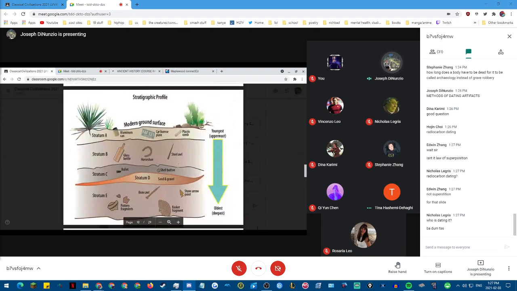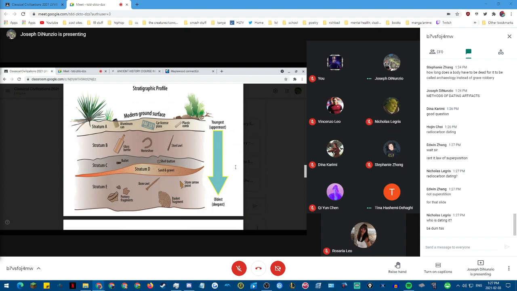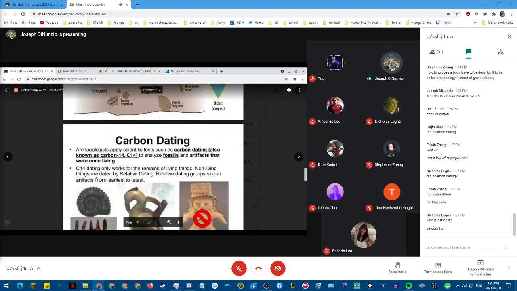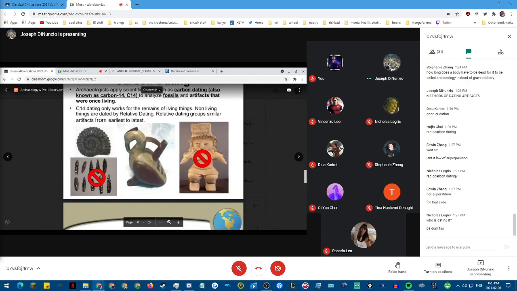And here's another picture. So strata A, strata B, C, D, and E. All right, now the most popular, carbon dating or carbon-14.